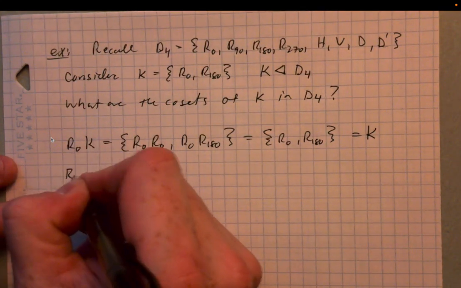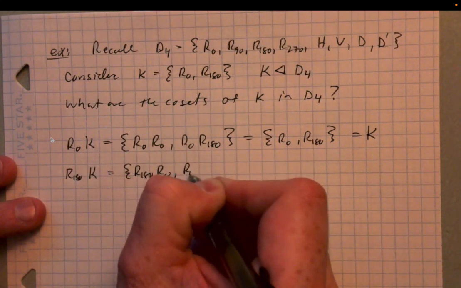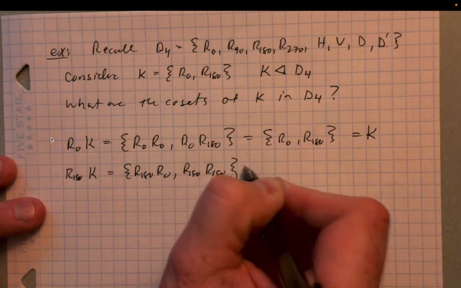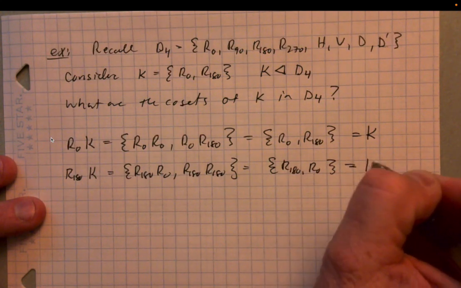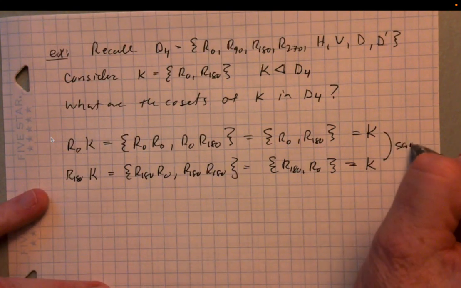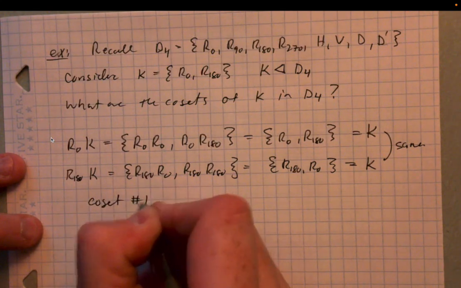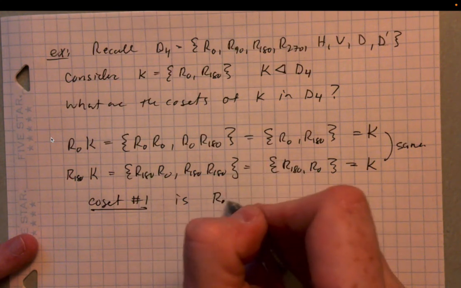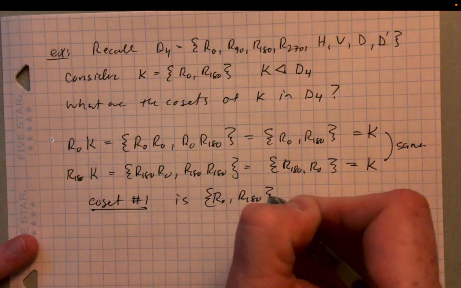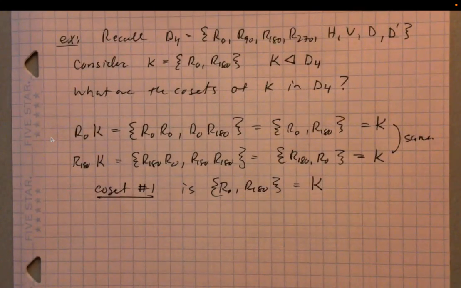The same thing is true with R180: R180 R0, R180 R180, which is R180, R0. So again, K. These are the same. So the first coset, number 1, is just R0, R180, and we're going to denote the coset as K, namely the name of the normal subgroup of interest here. That's coset number 1.